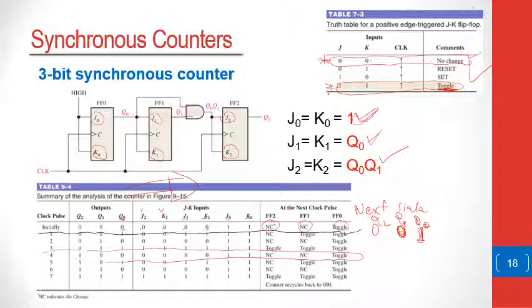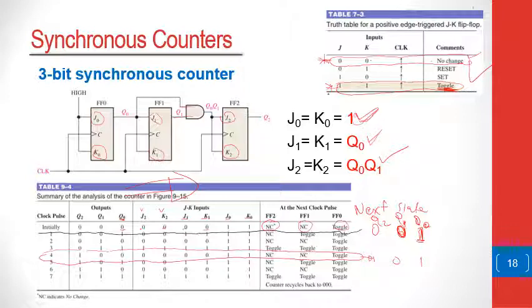This, for instance, is a similar behavior to the one that we have just analyzed. It's a no change, no change, toggle. So in this case, Q2 will remain as 1, Q1 will remain as 0, and then the other one will toggle to 1. And so on and so forth.